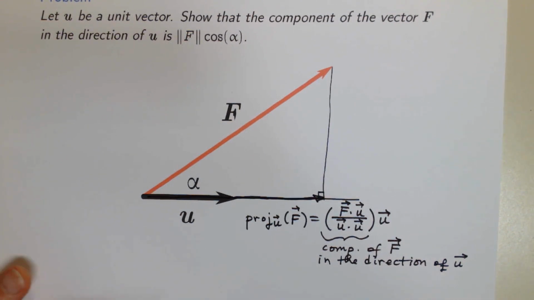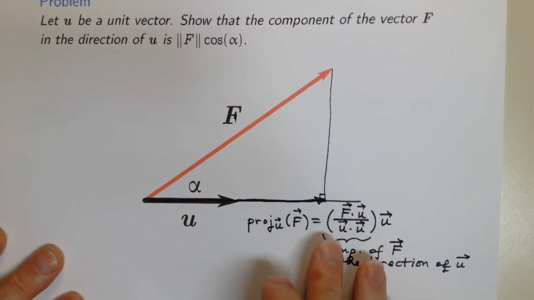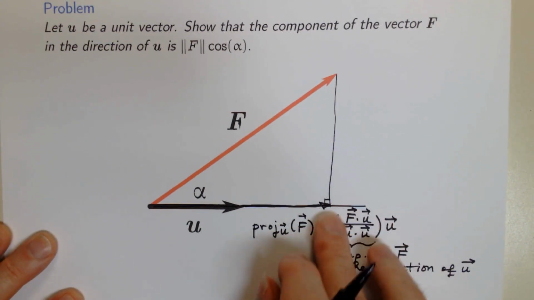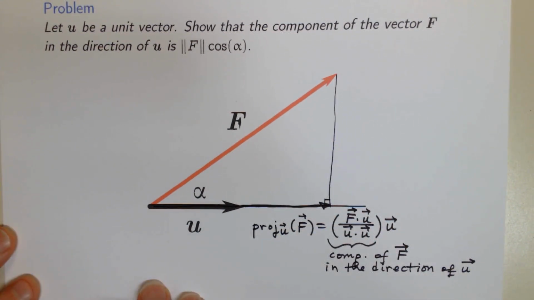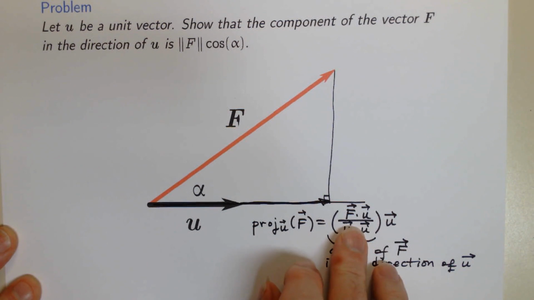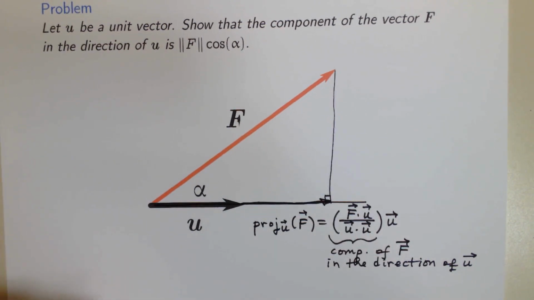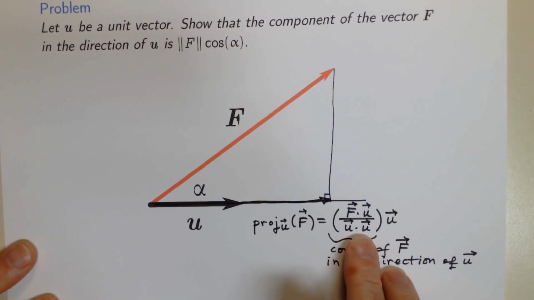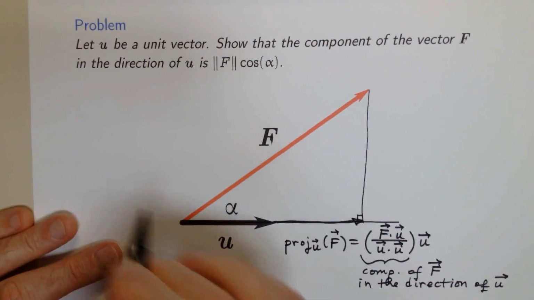Okay, so that's the component of f in the direction of u, and it takes on a pretty simple form here. It's just this ratio of these dot products. Now let's dig into this a little more, right? Let's dig in and see what we can do to simplify this a little bit. So let's work over here.